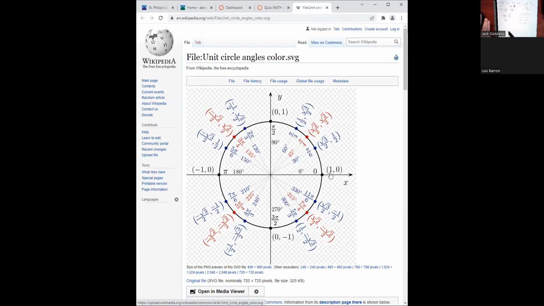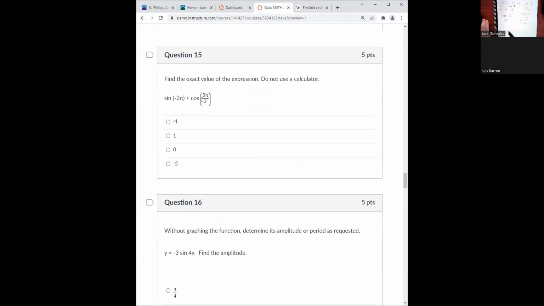Cosine is always the x. 5 pi over 2 was here. So there's not much work to do there. Just use your circle or memorize it, or change to degrees and then find it. It's up to you.